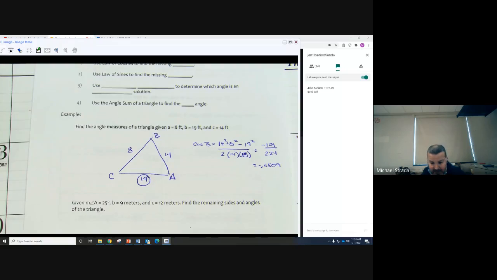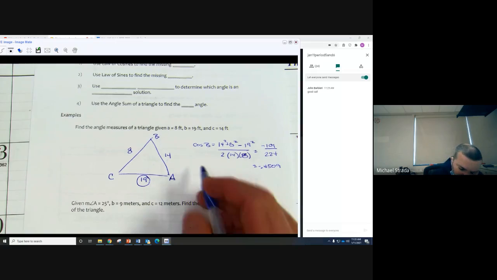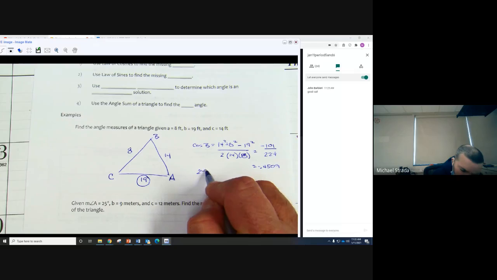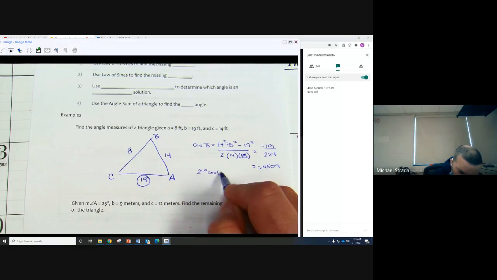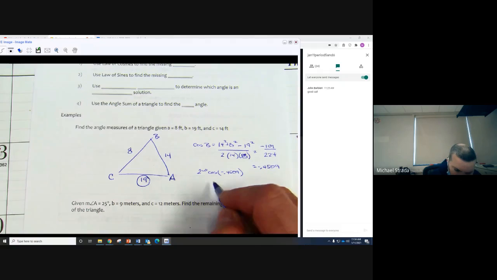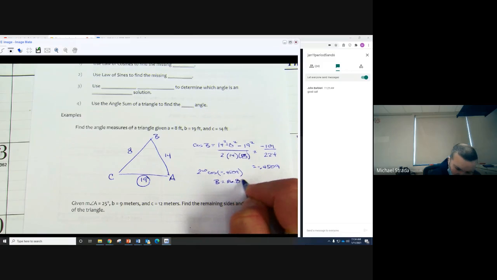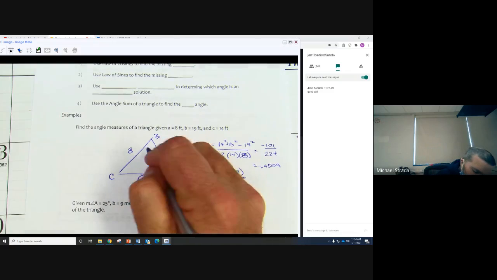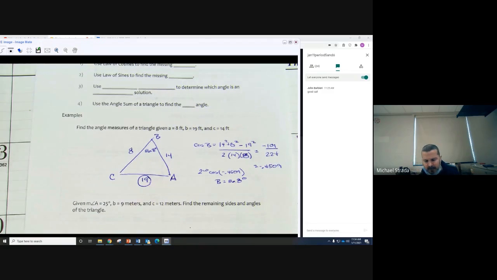It's fine that it's negative. Cosine is allowed to be negative. So now I'm going to do second cosine and put that in, negative 0.4509, and I get that B is 116.8 degrees. All right, so that's my biggest angle.